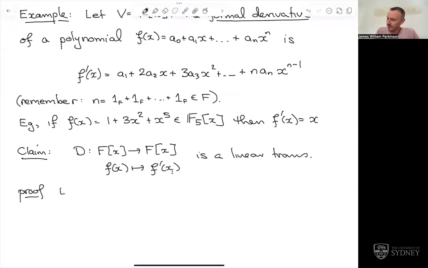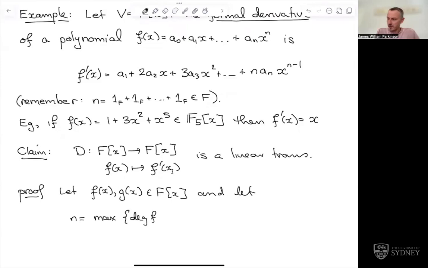So let f of x and g of x be polynomials. And just to fix notation, let's take n to be the biggest of the 2 degrees. That will help when I'm writing out my formulas for f and g.